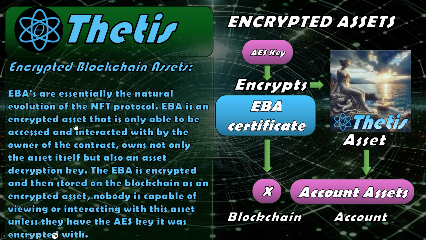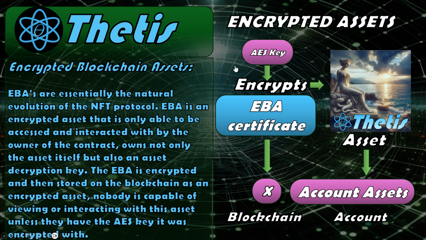An EBA is an encrypted asset that is only able to be accessed and interacted with by the owner of the contract, who owns not only the asset itself, but also an asset decryption key. The EBA is encrypted and then stored on the blockchain as an encrypted asset. Nobody is capable of viewing or interacting with this asset unless they have the AES key it was encrypted with. So that's a basic little description there.